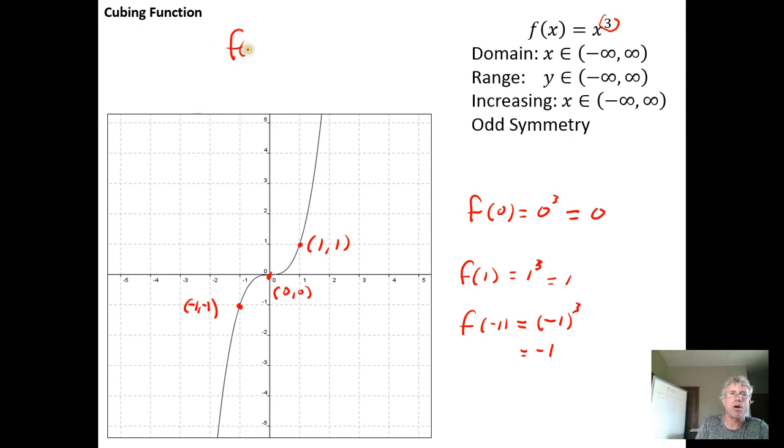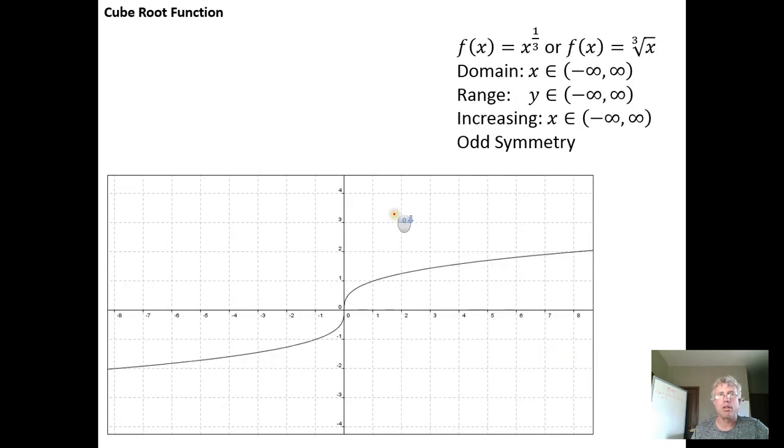So if we plugged in a small integer and tried to get another lattice point, I plug in a 2, it's going to pop out an 8. You can see we'd have to go up off the grid that I have available in order to plot that point. So cubing is going to make numbers grow a lot faster than squaring, for example.